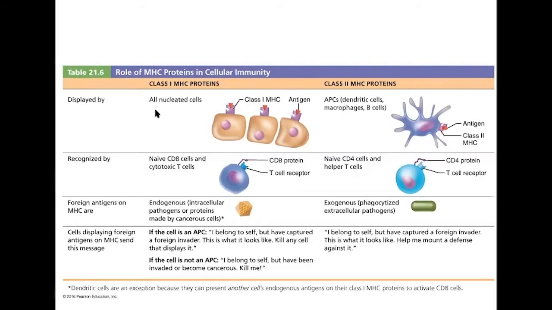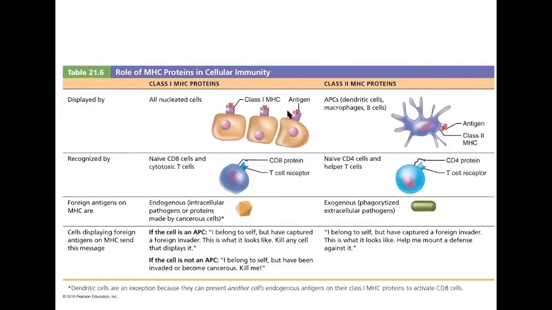That's because, remember, mature red blood cells are anucleated. They eject the nucleus before they go into the blood vessel. So all cells except for mature erythrocytes will have class 1 MHCs, and that's these purple structures.